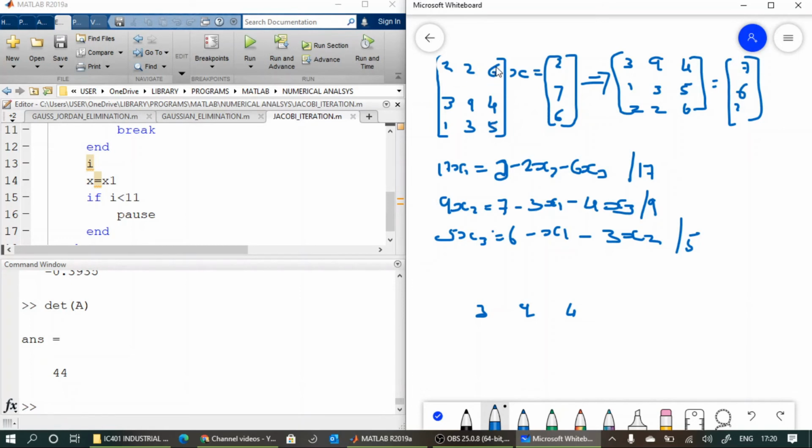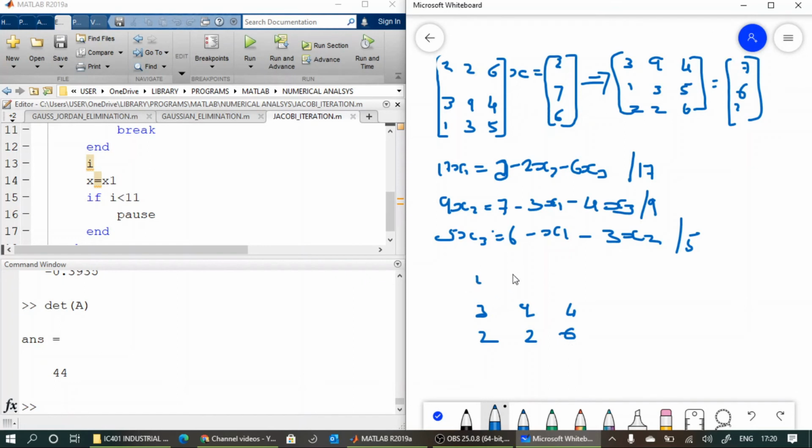If 6 is the diagonal element in the third row, then 6 is greater than 2 plus 2, 4. Here also 5 is greater than 1 plus 3. But 1 plus 3, that is 4, is very close to 5, while 2 plus 2 is not that close to 6 compared to this one. So we can select this one as the third row. This one is the best fit.